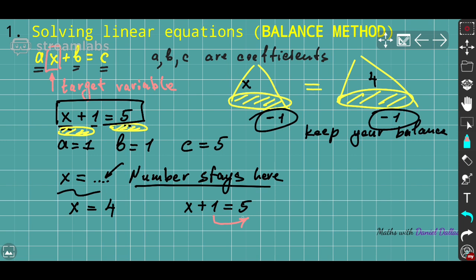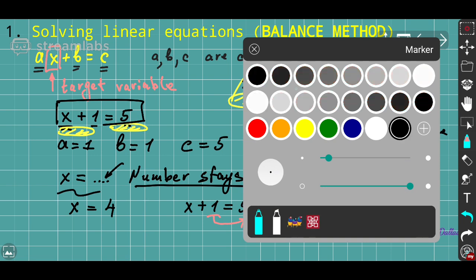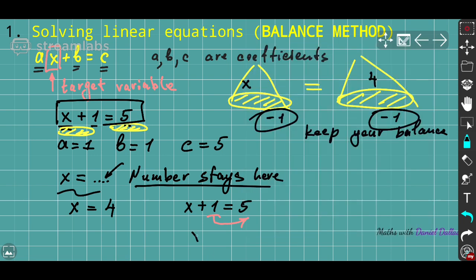You basically transfer the number that you don't want on the left side to the right, which means you need to swap the sign. So there is no 1 anymore on the left side, and you put it to the right, so finally you get 5 minus 1 here. You swap the sign for this number. That's how it works, so you can calculate the result, and the result is 4.